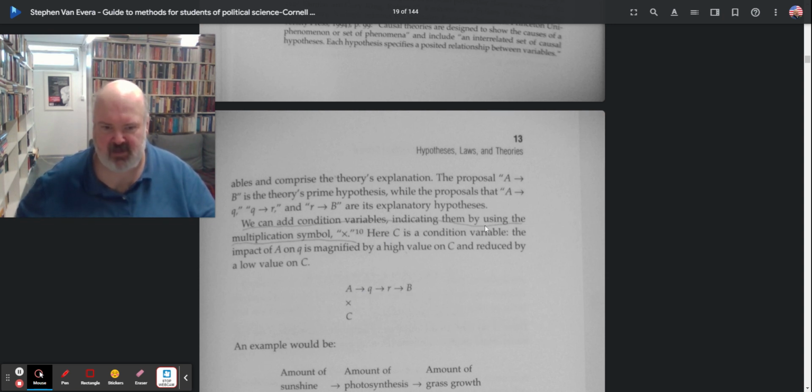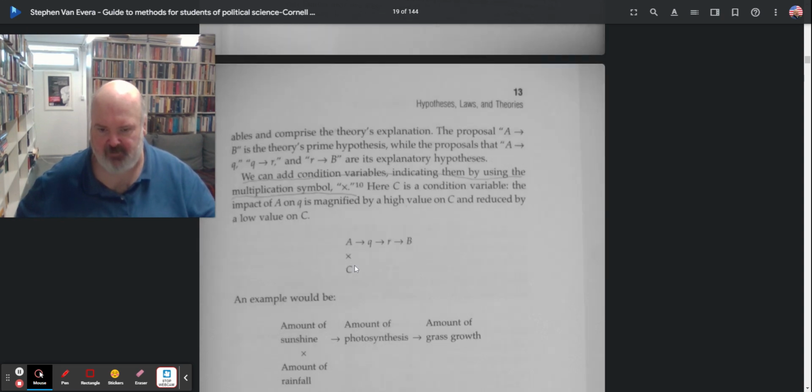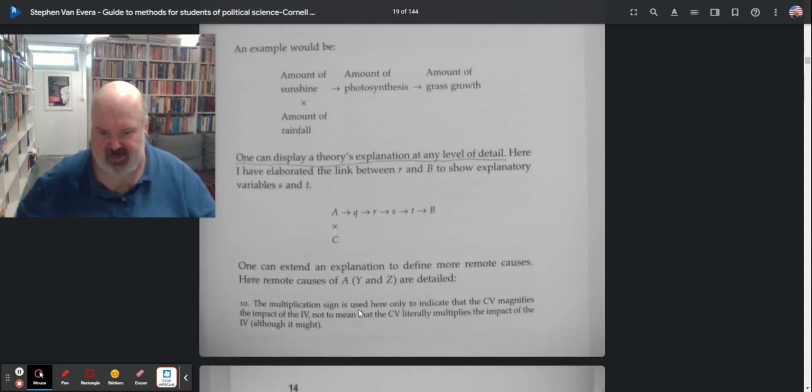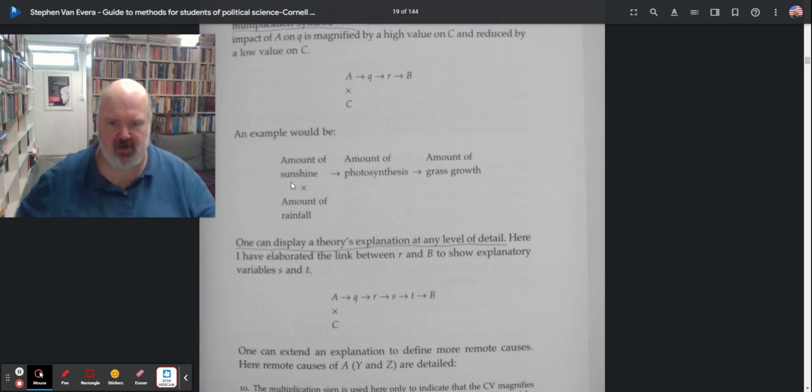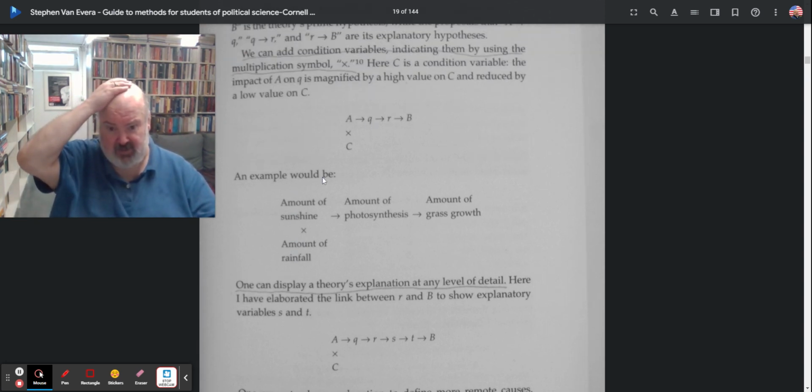He says you're indicating them by using the multiplication X. Now, a multiplication sign here is used only to indicate that the CV magnifies the impact. It does not mean that the CV literally multiplies the impact. Oh, it might. I think that's why I don't like this, because we see the X and we think that. But okay, I think he's saying here, this is what this causes.